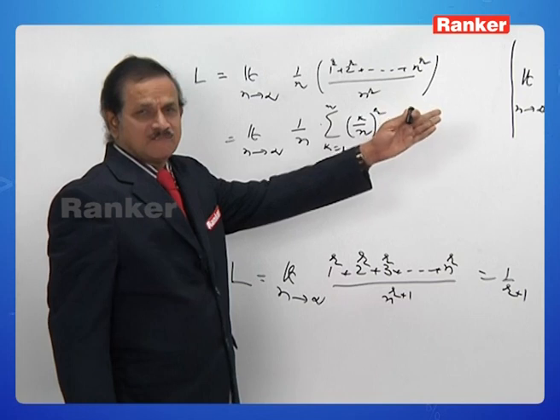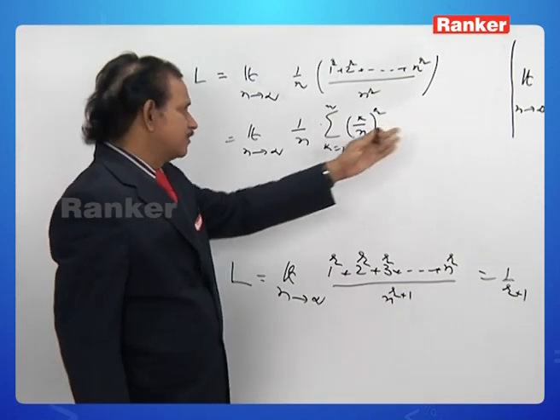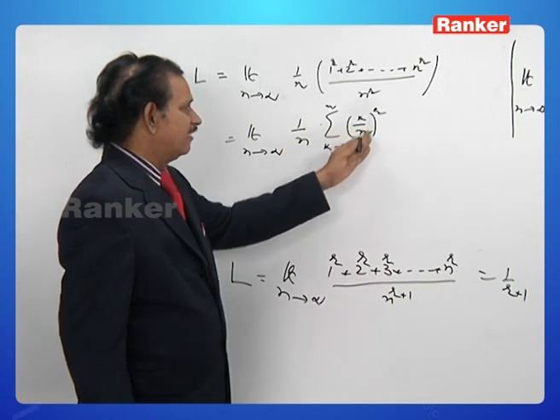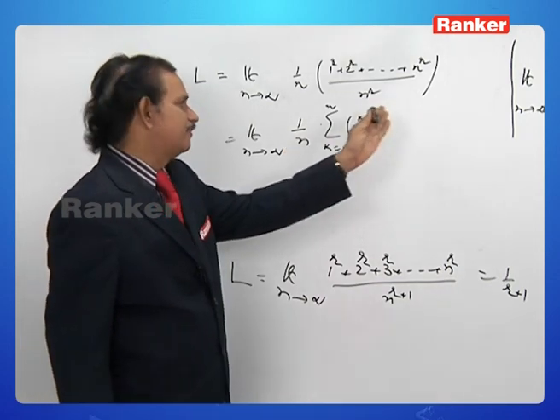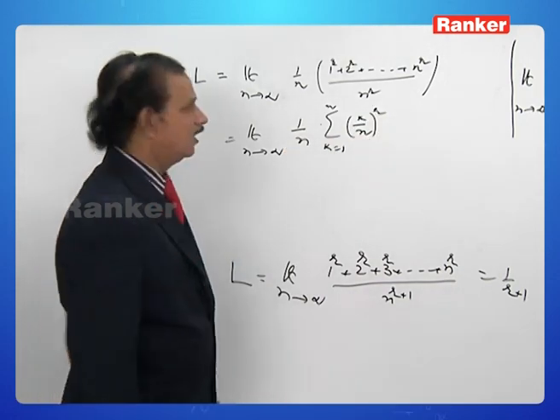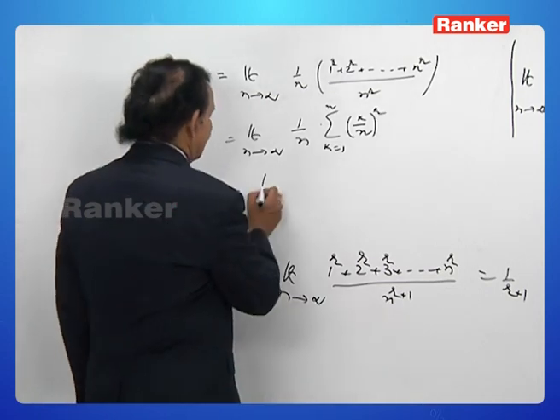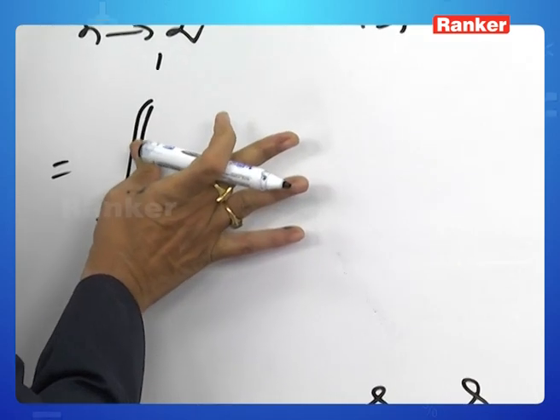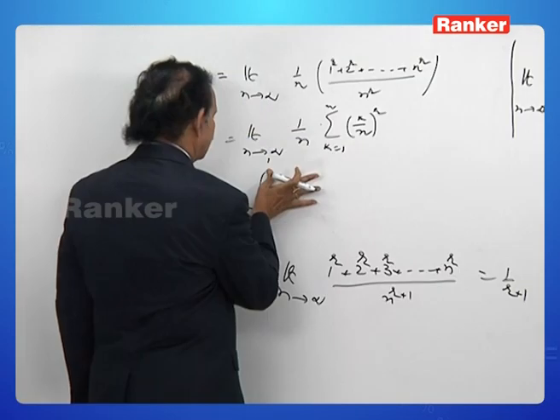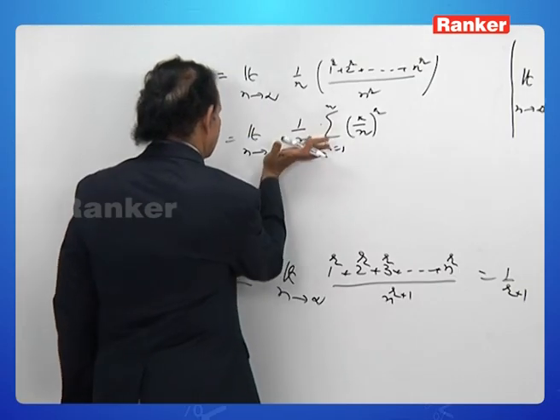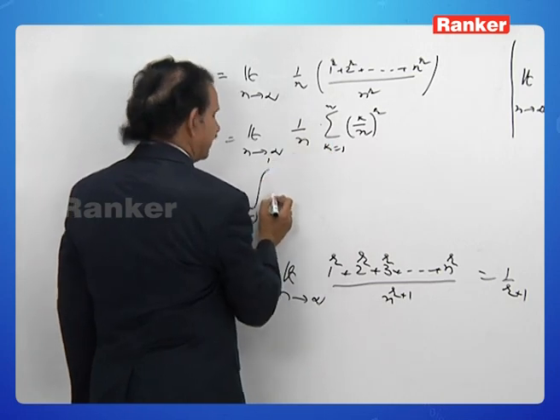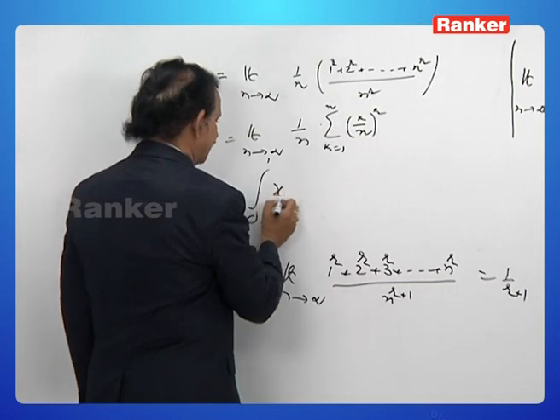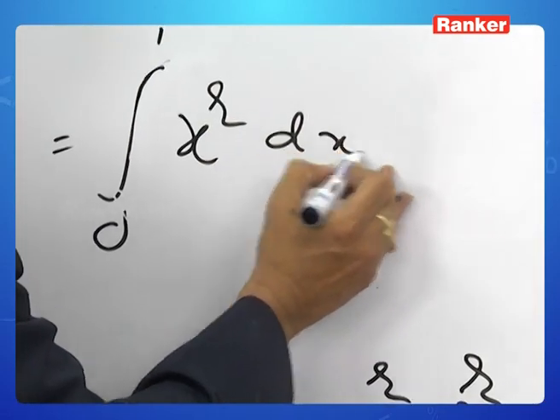Of course, in the place of r in the standard result of integration, we have k here. Instead of 1 by n into f of r by n, we have f of k by n. So, it is just nothing but integral 0 to 1, this is f of x, that is x power r dx.